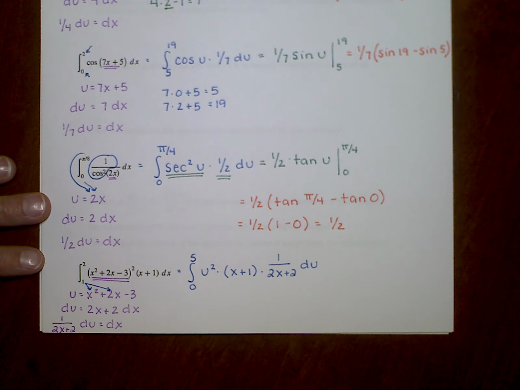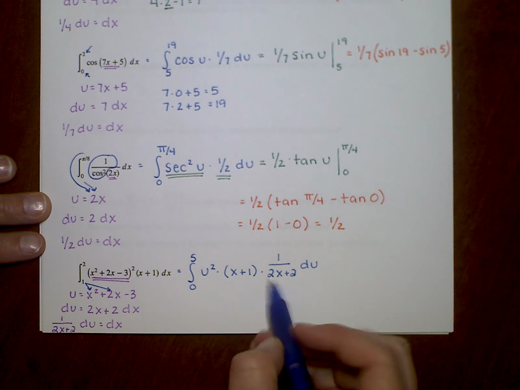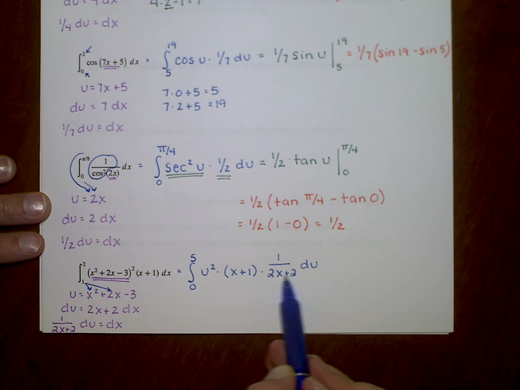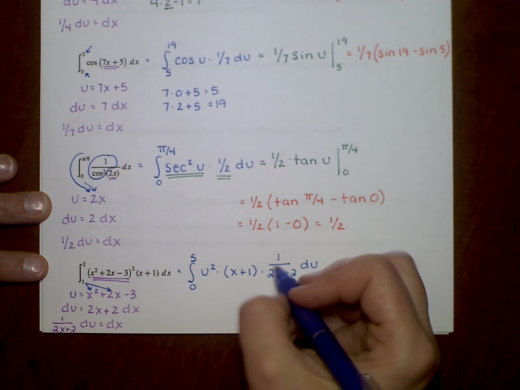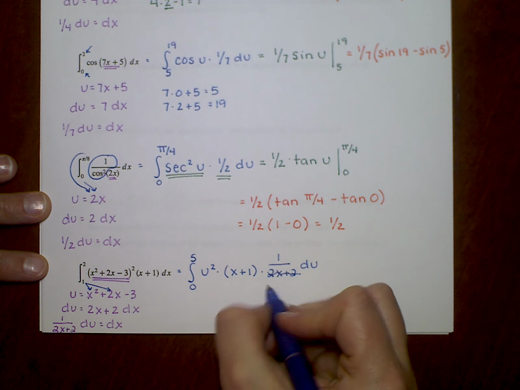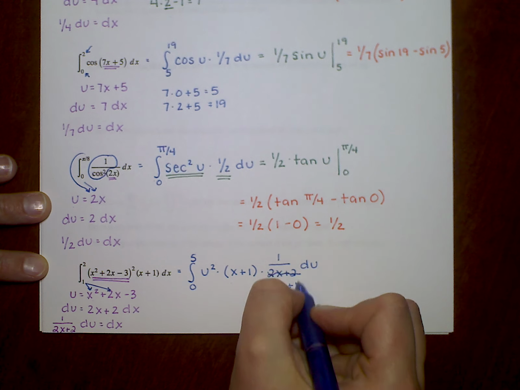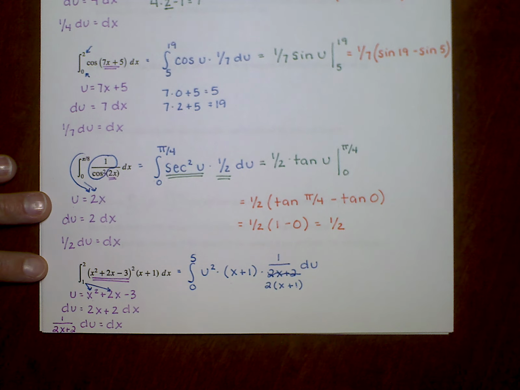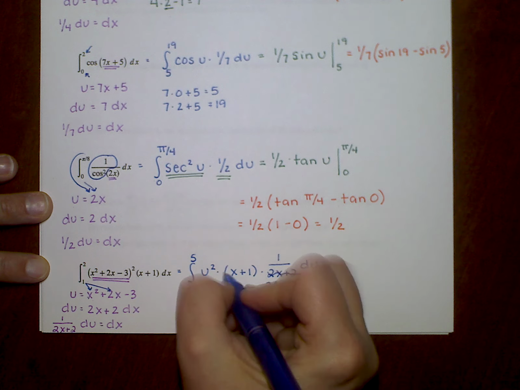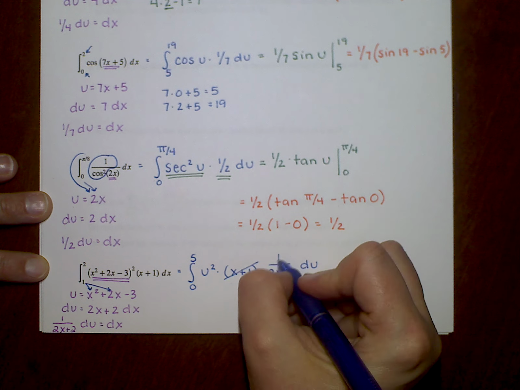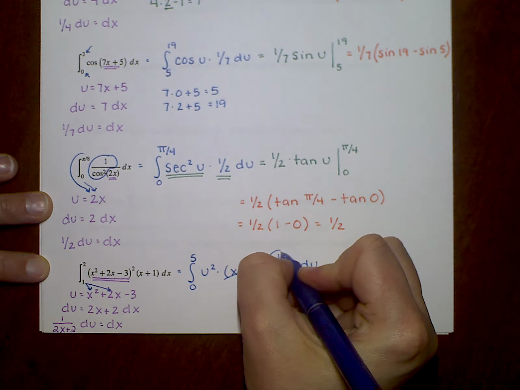And I hope you're screaming at me behind the screen here that this 2x plus 2, if I factored it, I could make an x plus 1, right? I could take this 2x plus 2 and say, well, this is really 2 times the quantity x plus 1, like if I factored out a 2. And then I've got an x plus 1 that cancels with an x plus 1, and I have a 1/2 kind of lingering here in my answer.